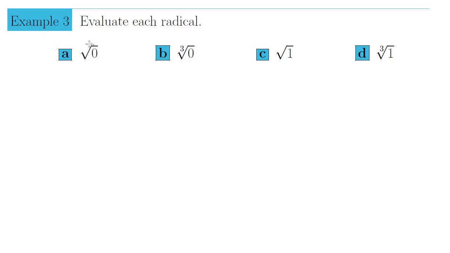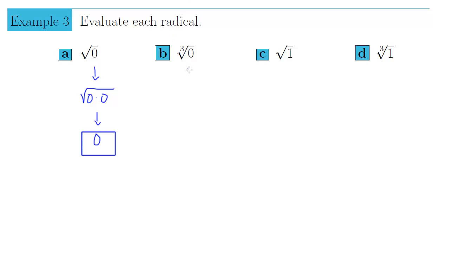In part A of this example, if you want to evaluate the square root of 0, you just look for a number that when you multiply it by itself gives you 0. You look for identical factors of 0. Well, 0 times 0 is 0. So the square root of 0 is 0. The square root takes these identical factors and spits out just a single one of them.